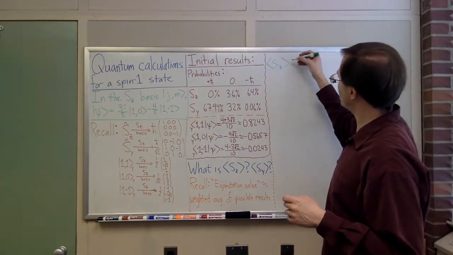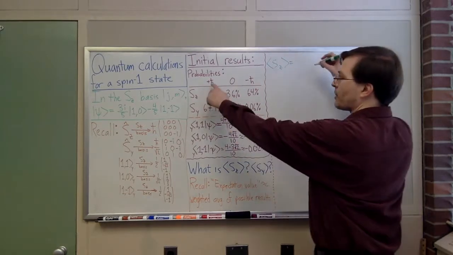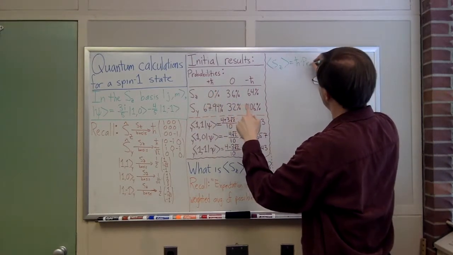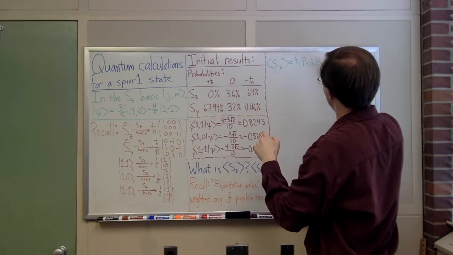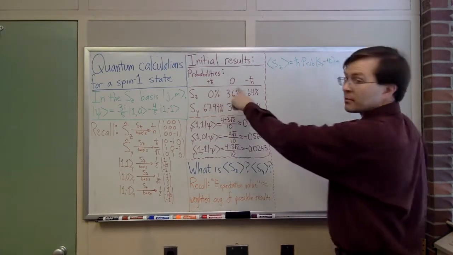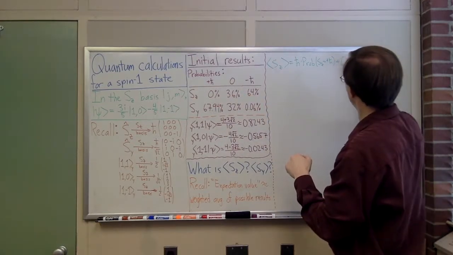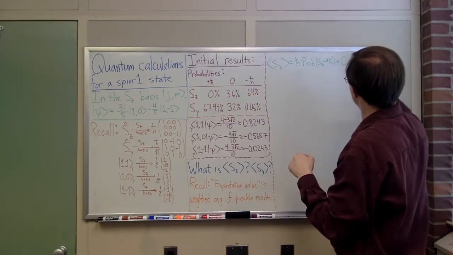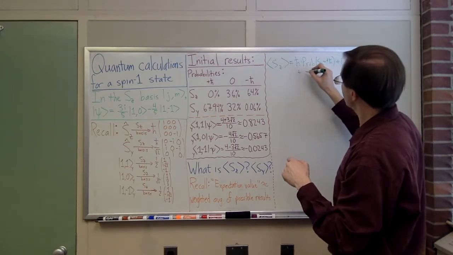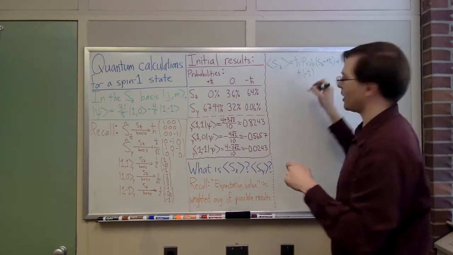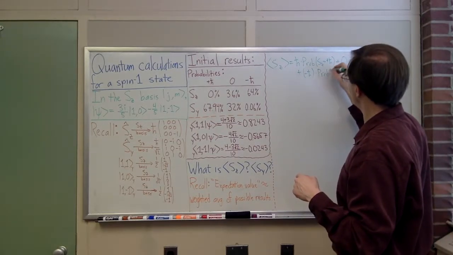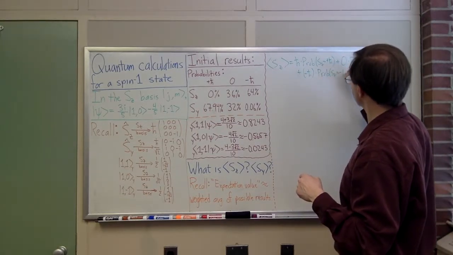The expectation value of SZ is going to be the first possible measurement, h bar, times the probability of getting SZ equals plus h bar, plus the second possible measurement, 0, times the probability of getting SZ equals 0, plus the third possible outcome, minus h bar, times the probability of getting SZ equals minus h bar.